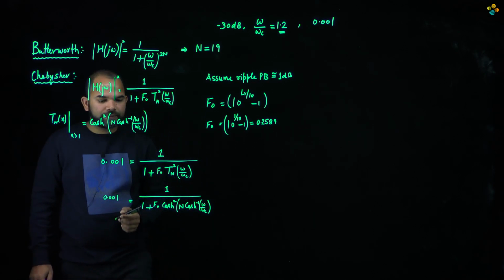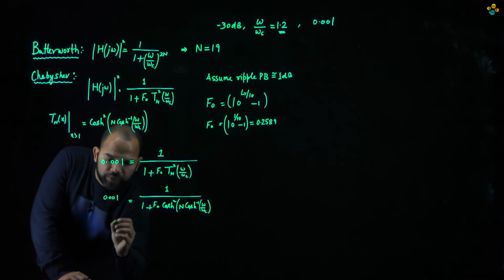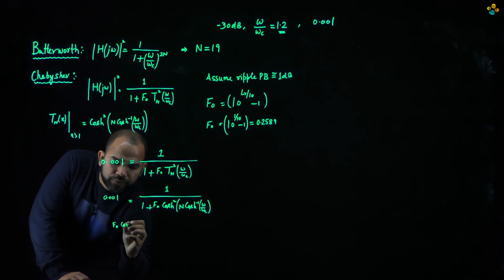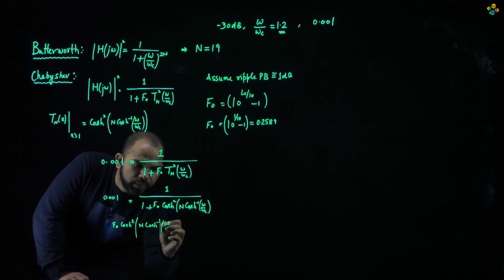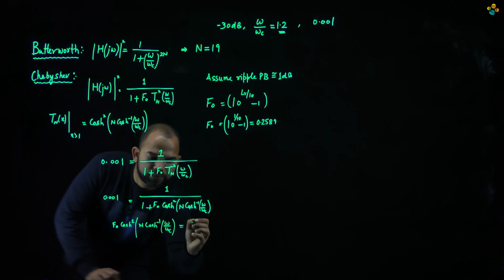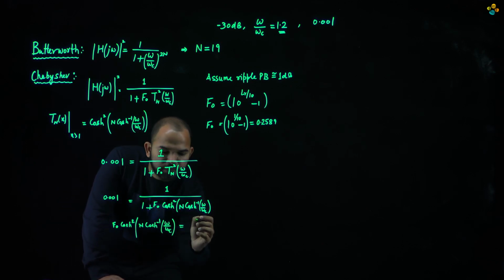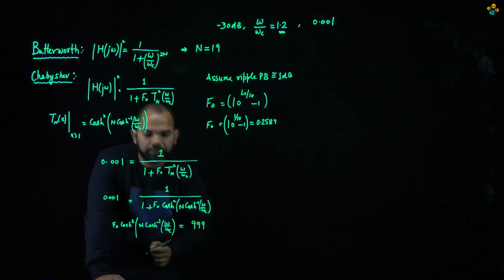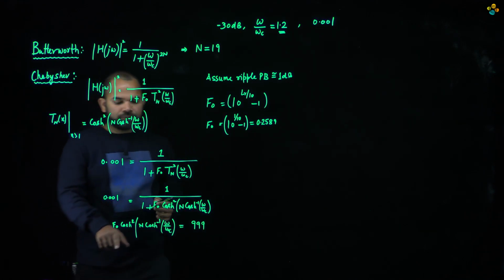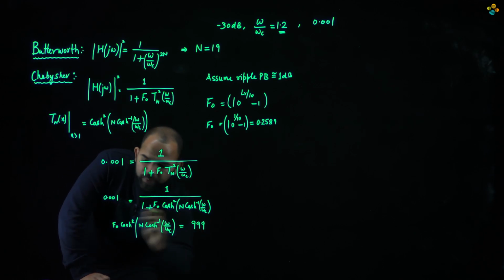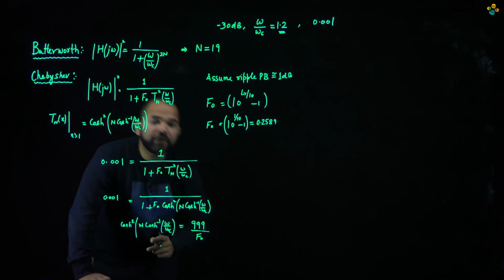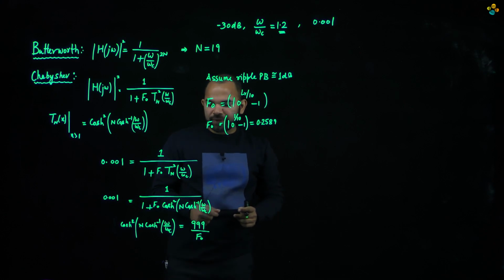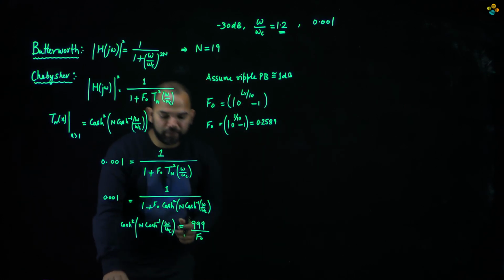So if we solve for this, we have f naught cosine hyperbolic square n cosine hyperbolic inverse omega upon omega c is equal to 1000 minus 1, 999. Okay? So if we further solve this, it is going to be divided by f naught. F naught we have calculated for a prospective passband ratio. So its value is 0.2589.